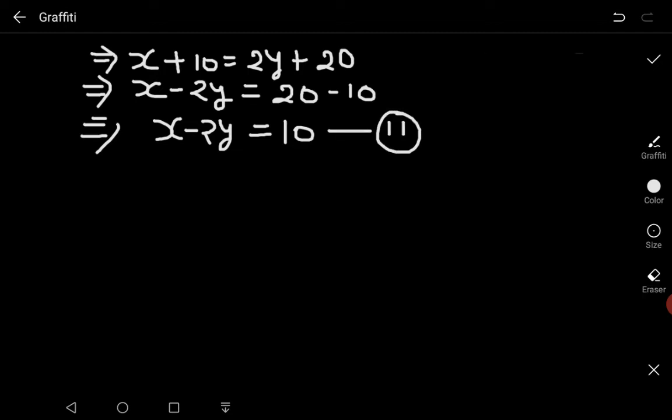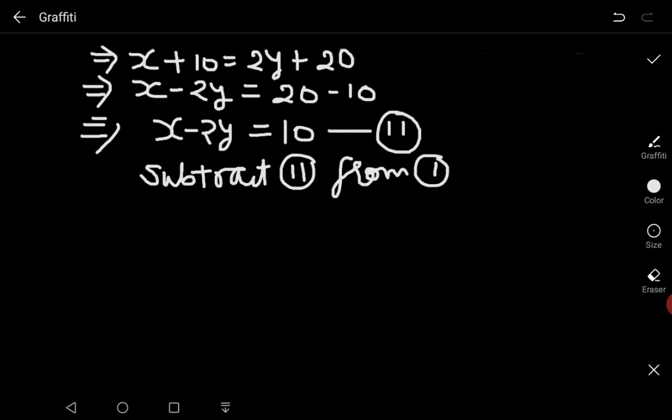Now we have to solve both the equations by the elimination method. Here we can check that the first equation has x, the second also has x, that is, the coefficients of x are equal. Then what we need to do is directly subtract them. So yes, subtract the second equation from the first. Right, so first equation was x minus 3y equal to minus 10. Second equation is x minus 2y is equal to 10.